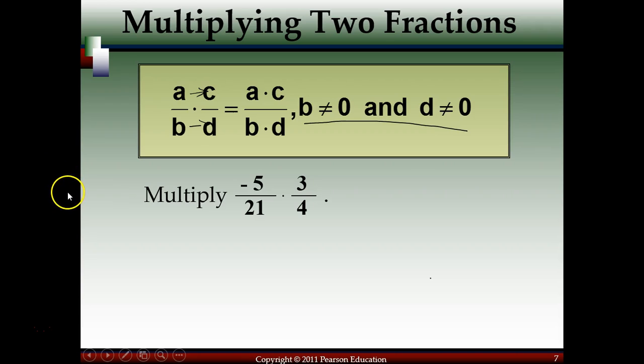So one thing I'm going to do here is break it down into its factors first, because I know 21 has a factor of 3. So let's go ahead and do that. 3 times 7 is 21.